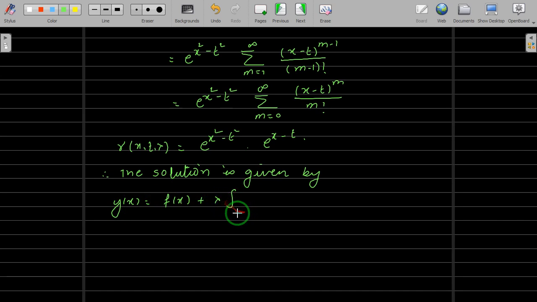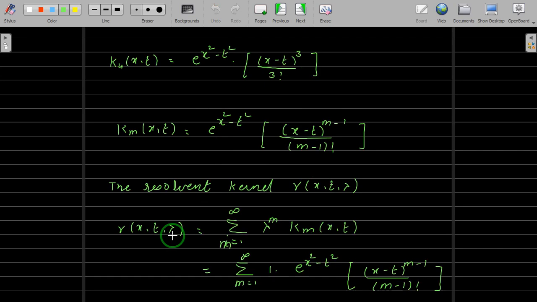We had a to x, but in this case our a is 0, so 0 to x gamma(x, t, lambda) f(t) dt. That is the same as, let us write that f(x) is given by e raised to x square, if I am not wrong.